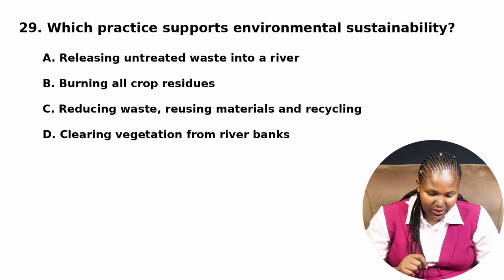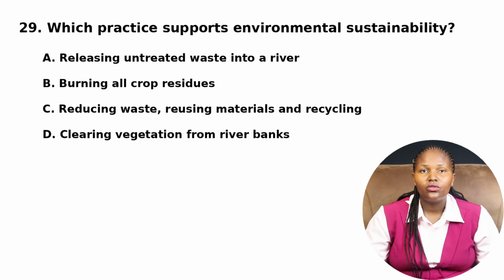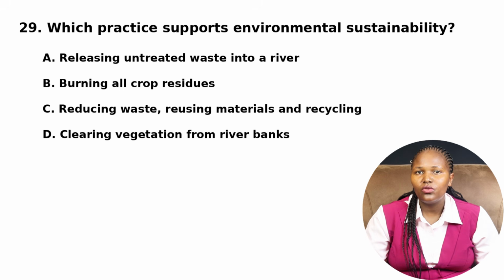Then D, clearing vegetation from riverbanks. So when we are clearing vegetation from the riverbanks, do you think that is going to help? And if it is going to help, how is it going to help? Remember that vegetation helps to protect banks against erosion.